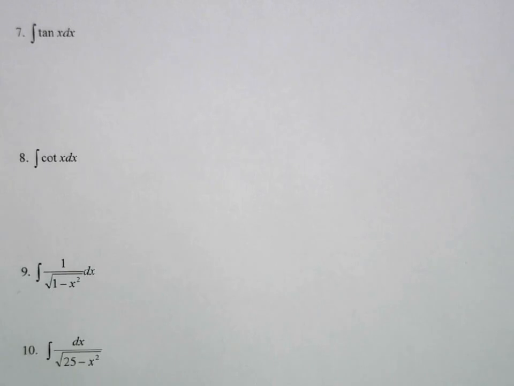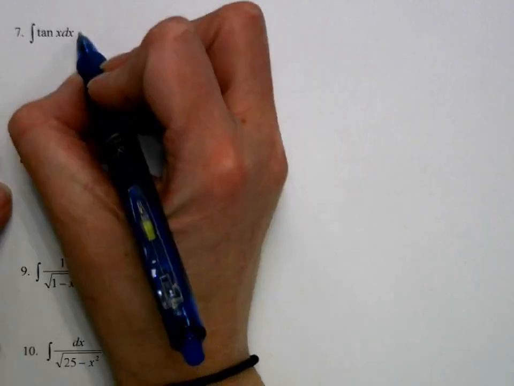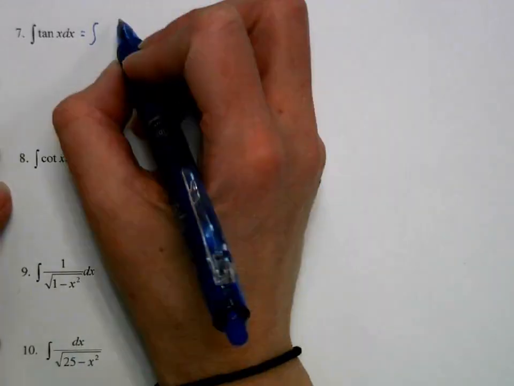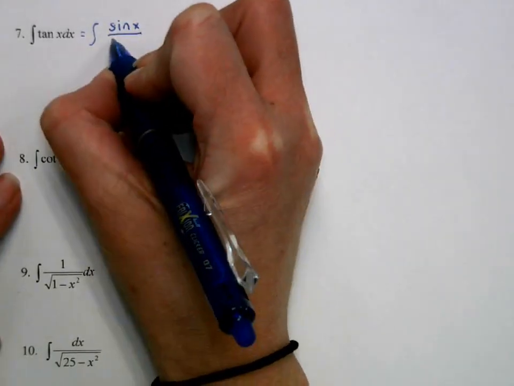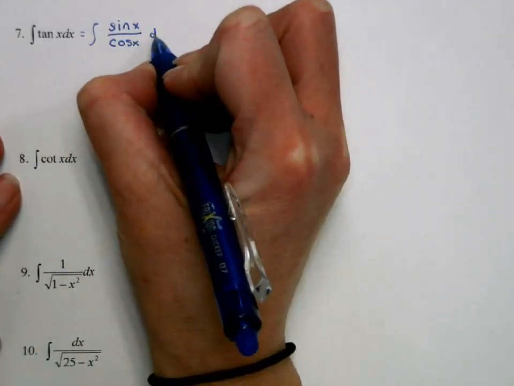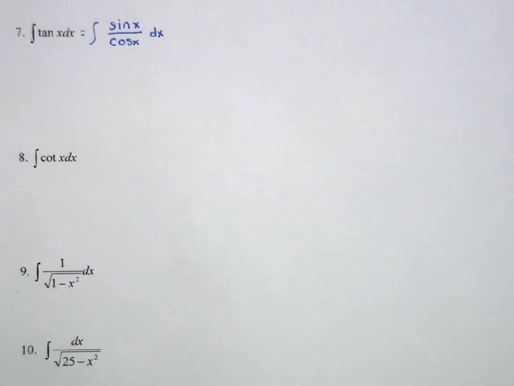All right, so the topic of this lesson was integrals involving rational functions. Well, I don't have a rational function here. I have tangent. That's a trig function. But I can rewrite it as a fraction. So this is going to be sine of x over cosine of x. And suddenly we can integrate this using a u substitution.